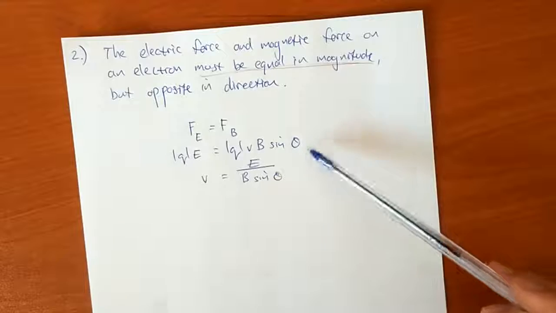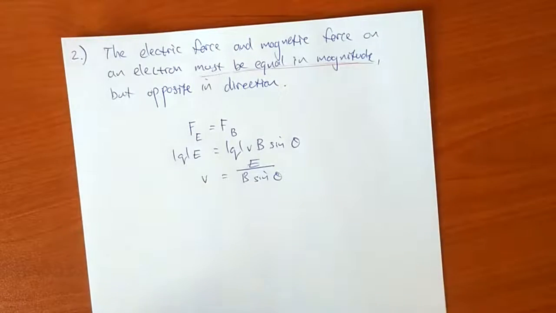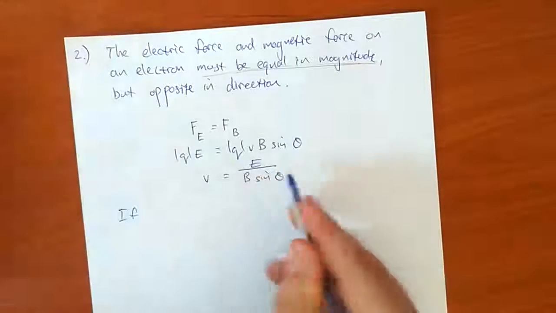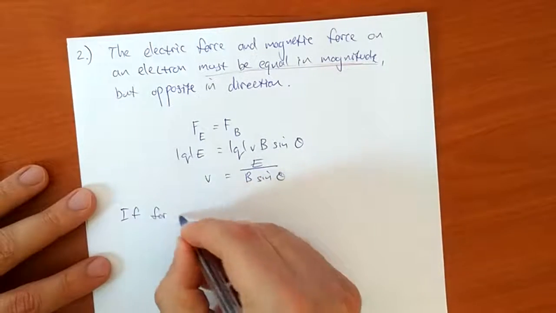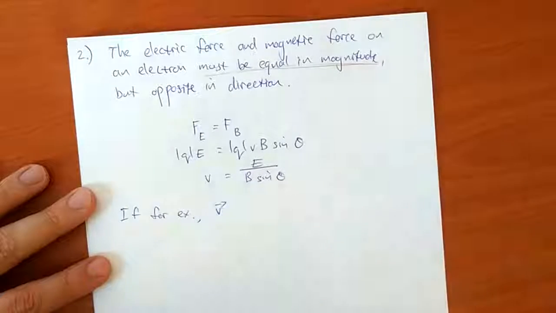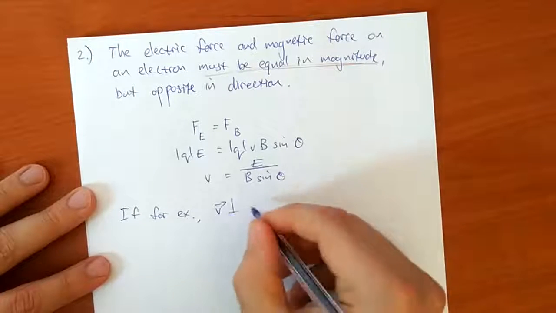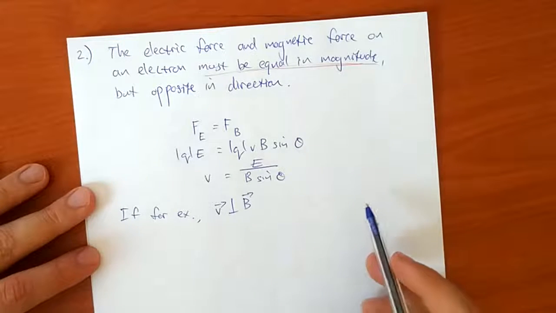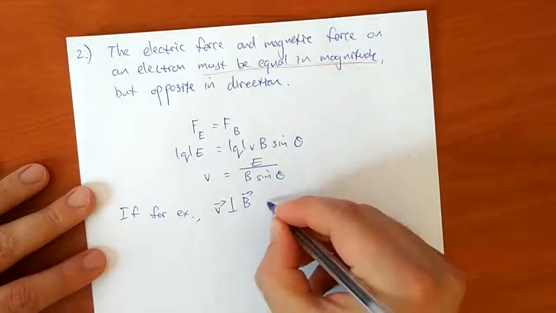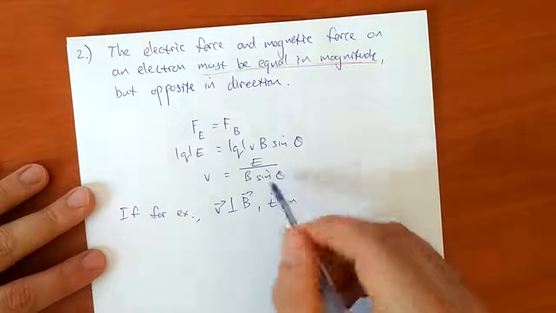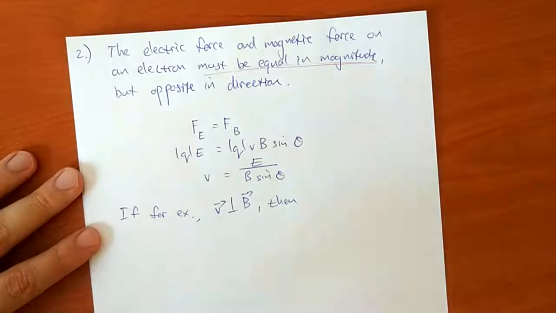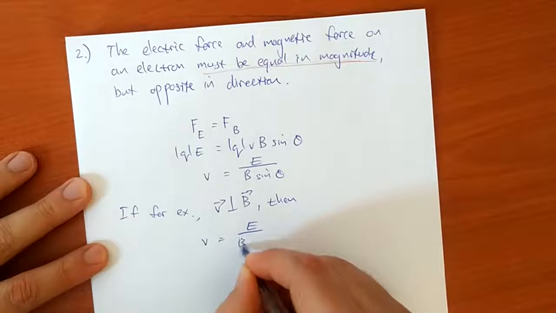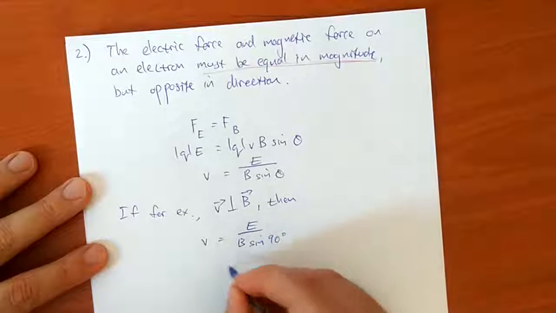A way to answer this question without changing the question itself is to say: if this is the formula for the velocity, and for example the direction of movement of the beam, the velocity vector, is perpendicular to the magnetic field, as was given in the textbook problem, which you can go and look for, or you can put in any other theta, then v is equal to E over B sine 90 degrees. It's just E over B.